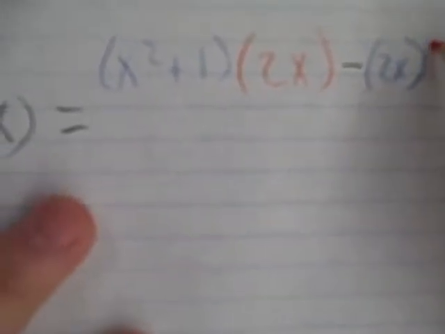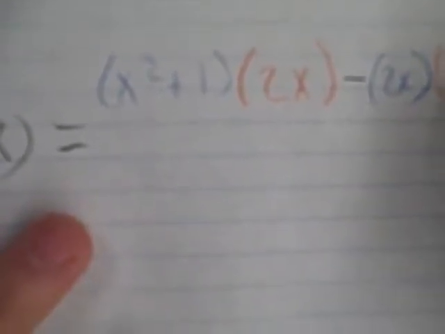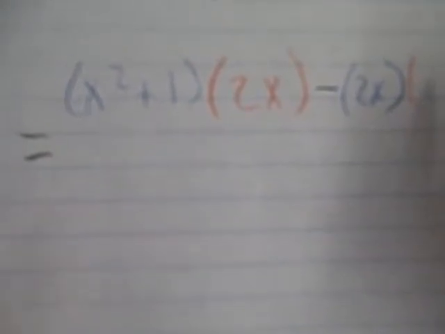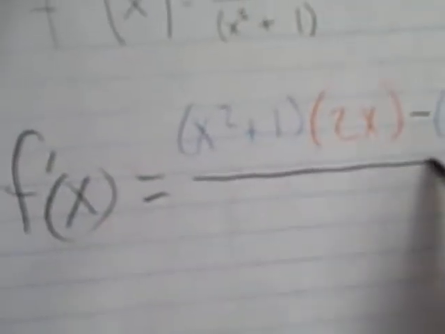Minus the derivative of the bottom, which is again 2x, times the top, x squared minus 1. Alright, so now we've got that all over the bottom squared.